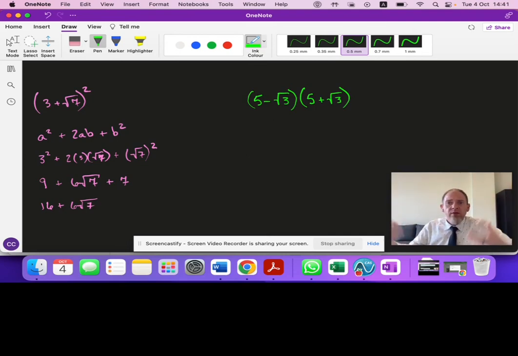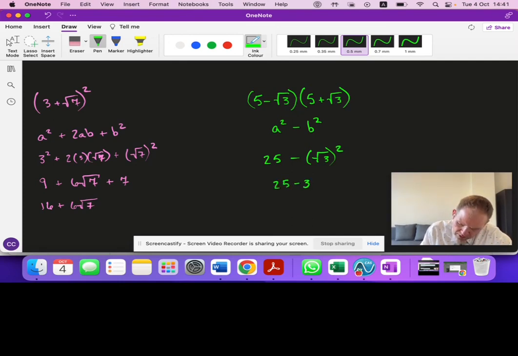Difference of two squares is something that we love because it becomes very, very easy. It says when we have this situation, we square the first term and we subtract the square of the second term. So it's going to be 25 take away the square root of 3 squared. What's the square root of 3 squared? It's going to be 3. So it turns into 25 take away 3, or 22.